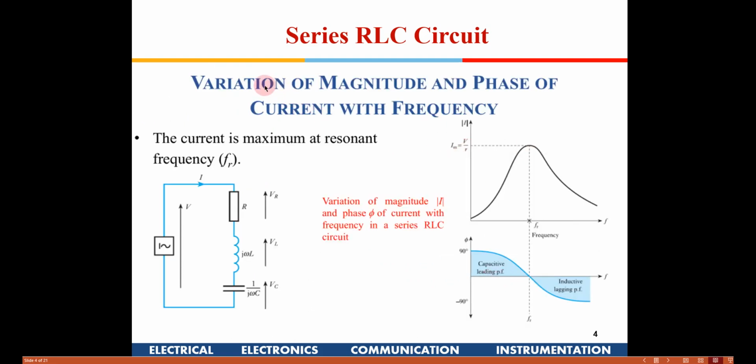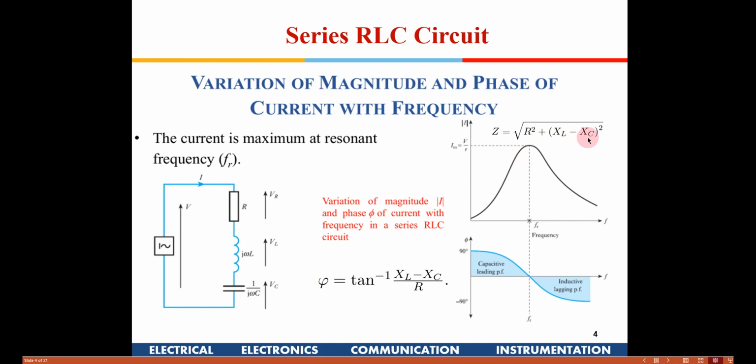Now if you see the variation of magnitude of phase and current with frequency, this is a very important diagram to understand. Let me put the impedance equation here. Initially when the frequency is 0, what is the net impedance?